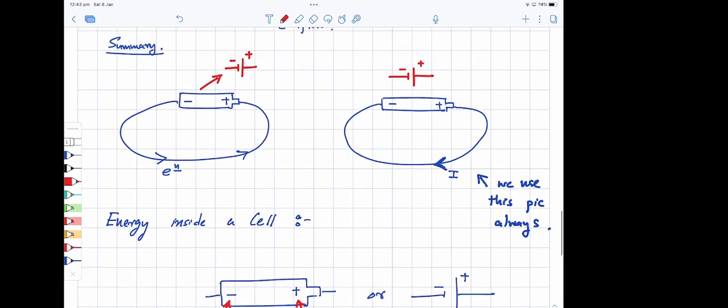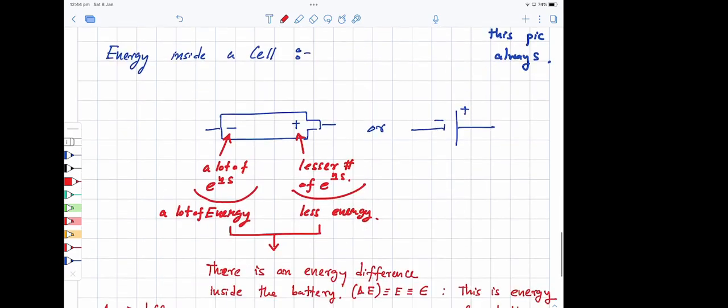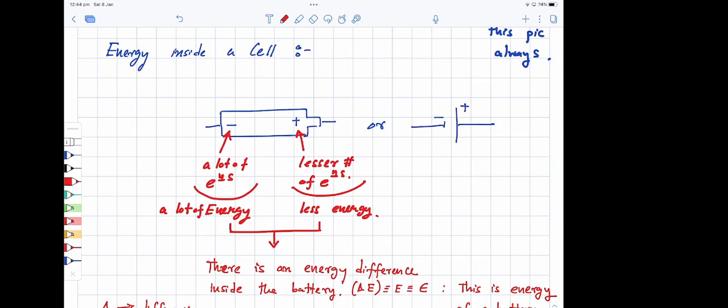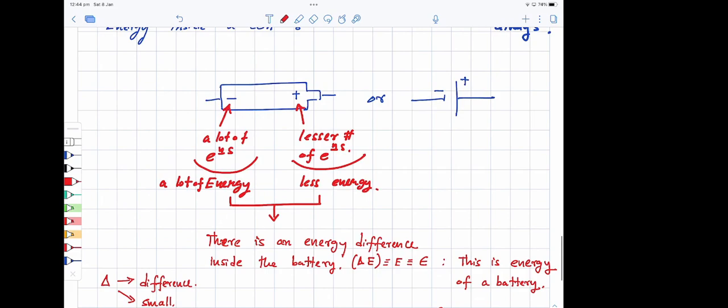Okay, so we understood what is a battery. A battery is a cell. Inside the cell there is energy. That energy actually resides inside as an energy difference. Why is the energy difference happening? Because there are two terminals, a minus terminal and a positive terminal. At the minus terminal there are so many electrons.